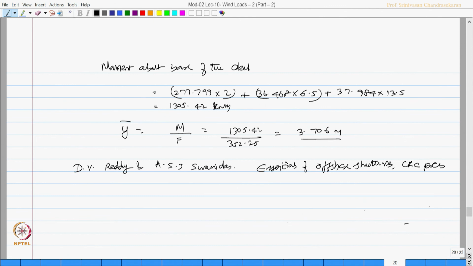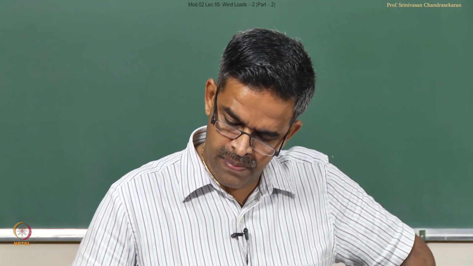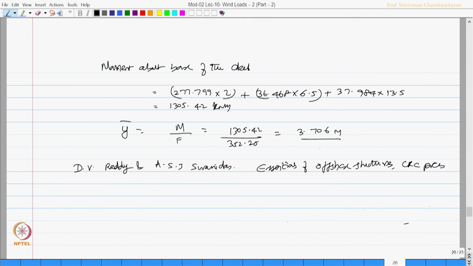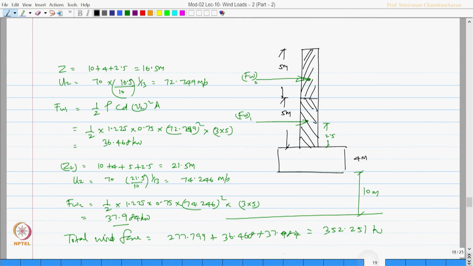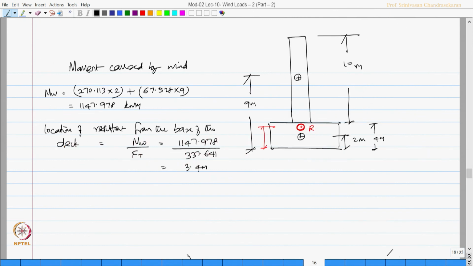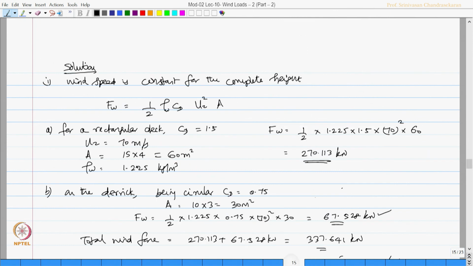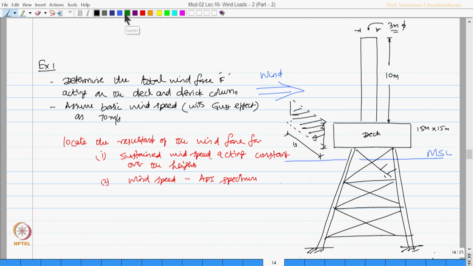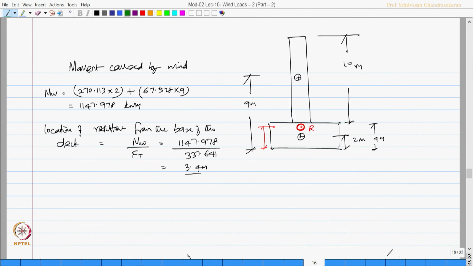So, friends, the resultant of this is 3.706, whereas in the earlier case this was 3.4. So one can try to plot this in this figure. In the first case it was from the deck, we plotted this already here, and 3.706.